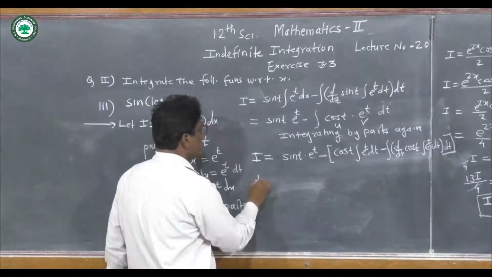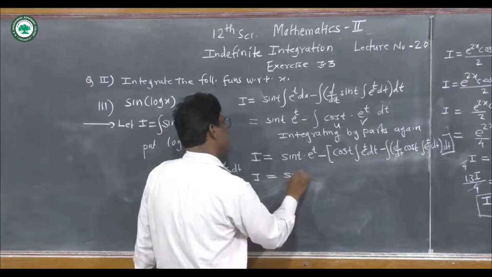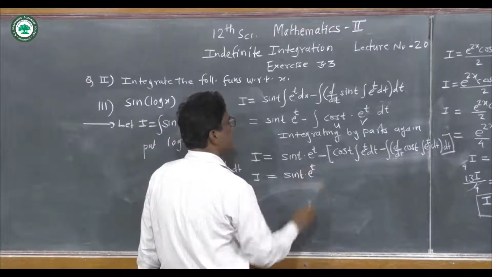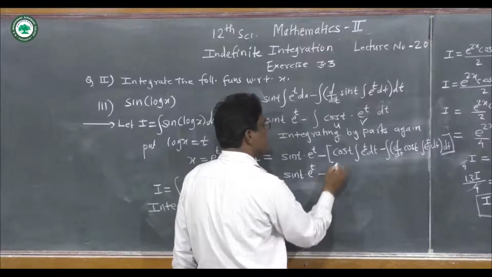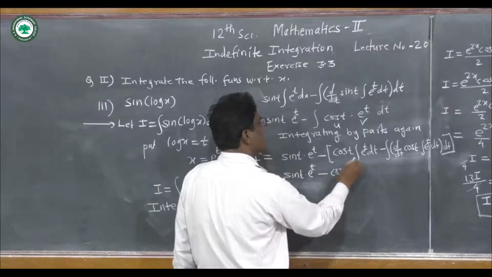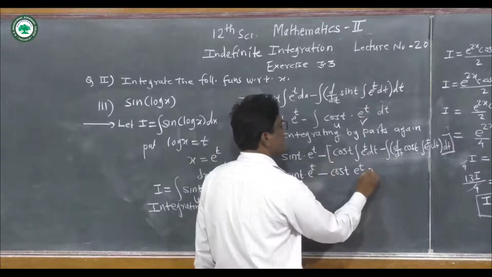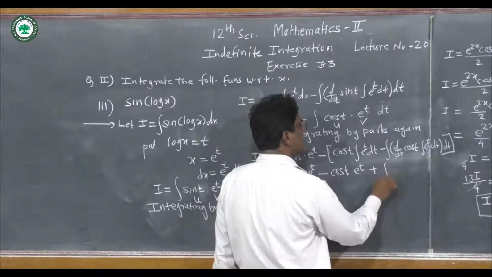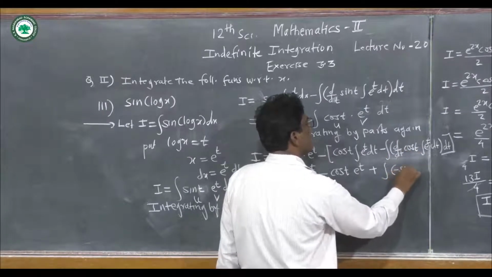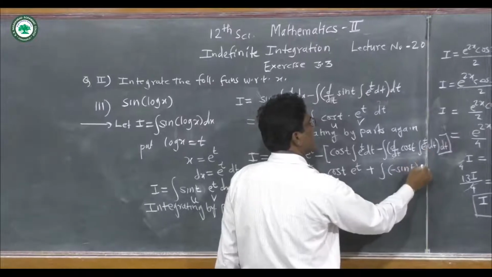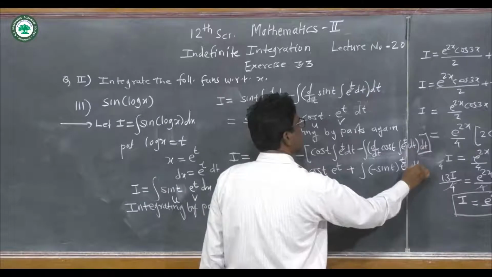So required integral I is equal to sin of t e to the power t, we multiply by the minus sign inside the square bracket. So minus this cos of t, integration of e to the power t is e to the power t, this minus and minus become plus, and integration of derivative of cos of t is minus sin t, and integration of e to the power t is e to the power t, and this dt as it is.